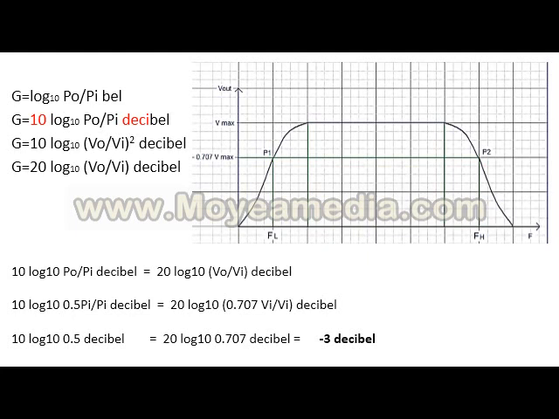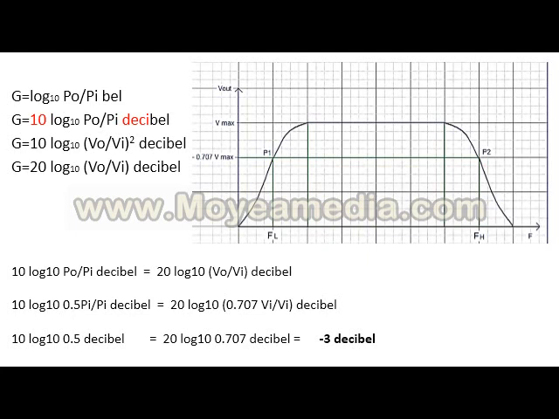If we calculate it like this, we will get -3 dB as the output. That's why we are taking -3 dB from the maximum value to calculate the lower cutoff frequency and upper cutoff frequency, and thereby the bandwidth.